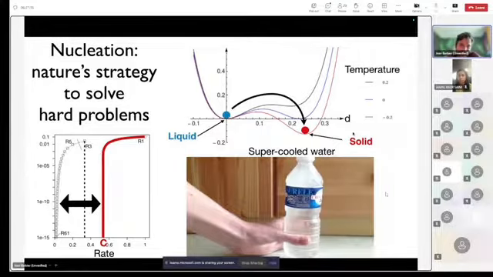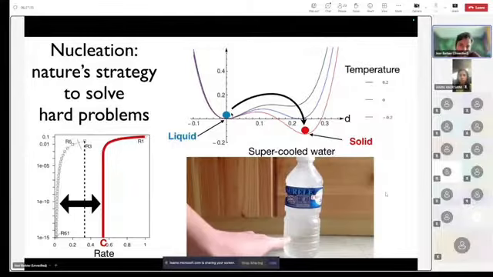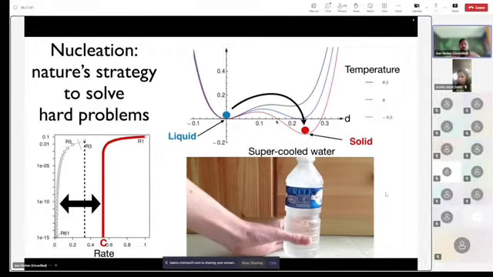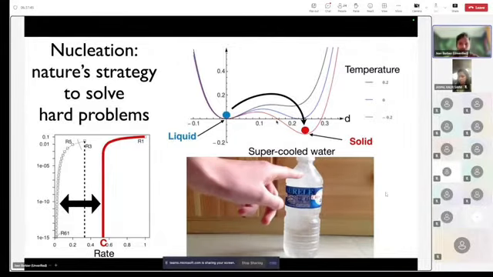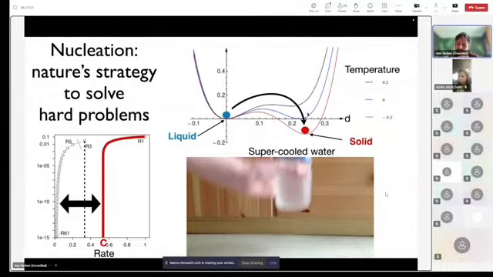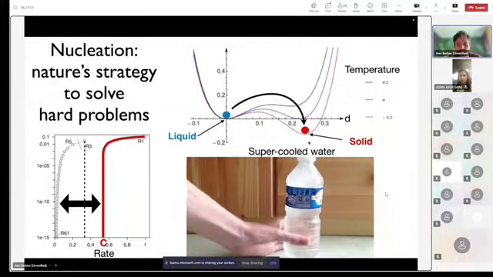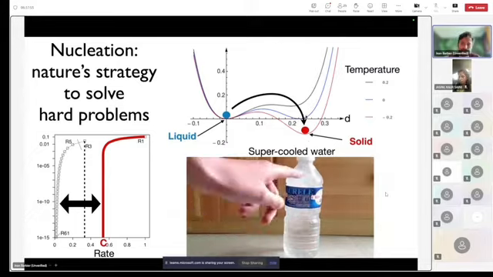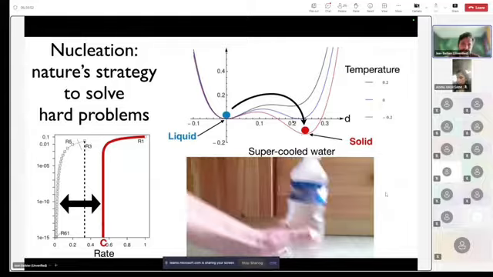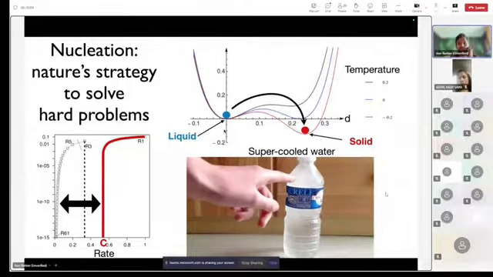But your system is blocked in the liquid state because there is a barrier between these two states. It would take quite some time to jump over this barrier, even if it is more favorable from the energetic and entropic perspective to be solid at this temperature. It would take some help to reach that state from the liquid one. Okay, so this is called supercooled water.